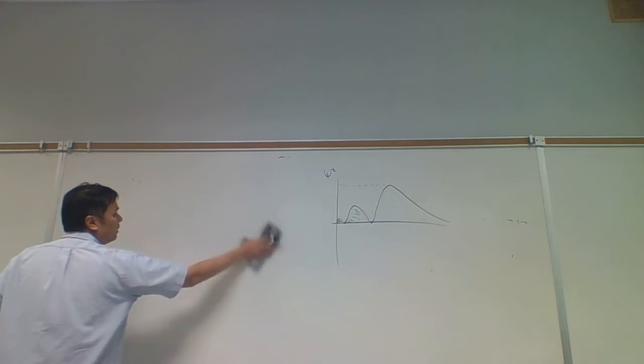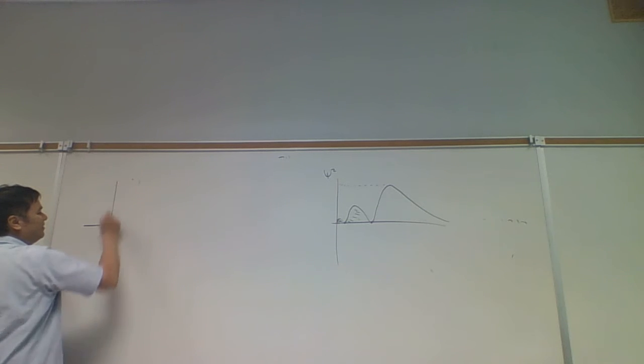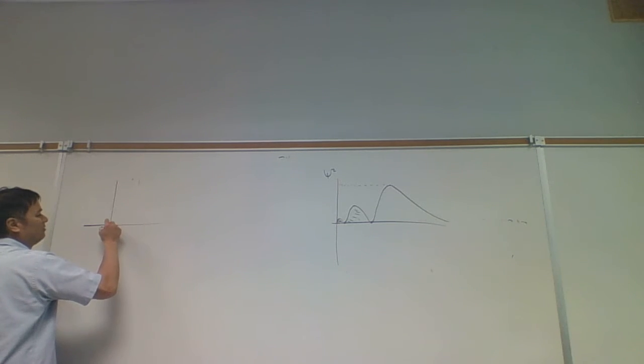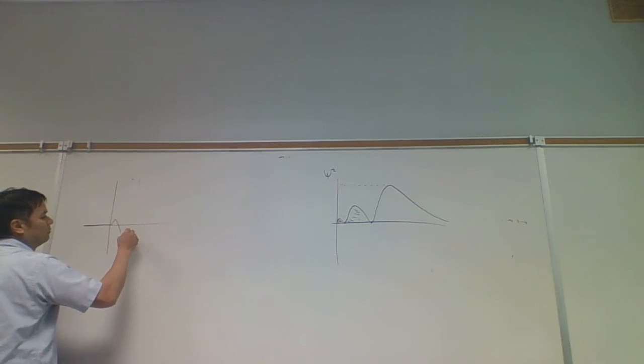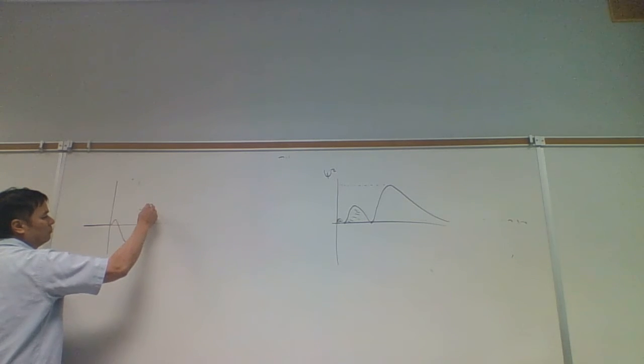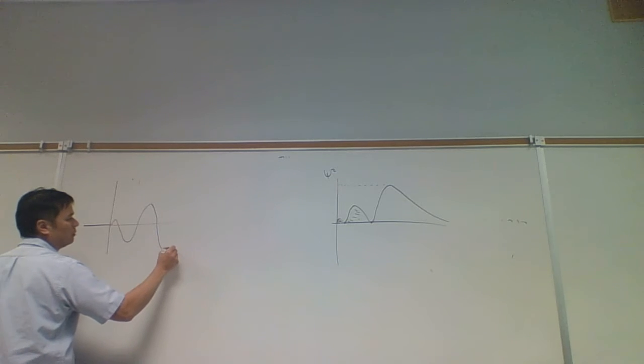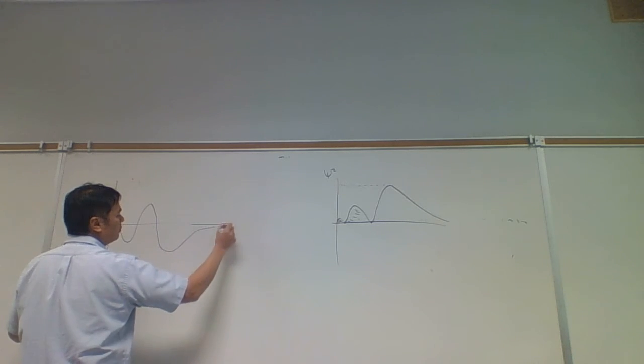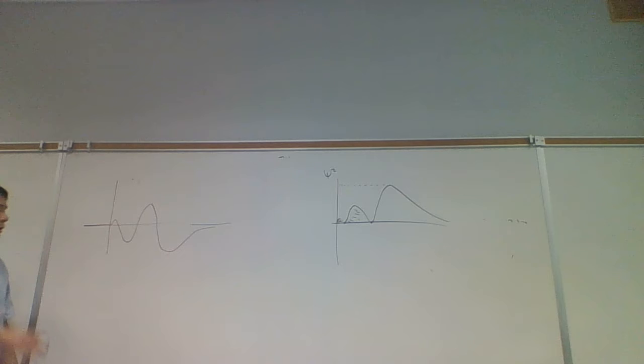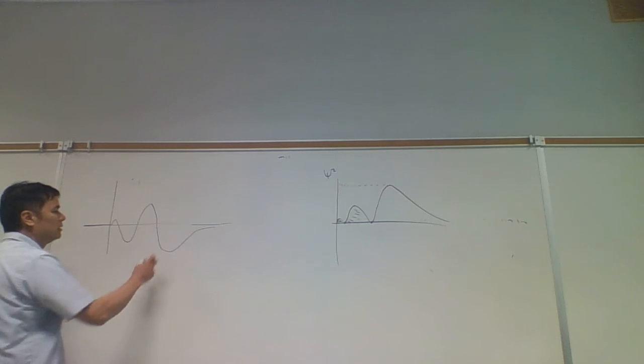And so what would the 4S look like? If you look at the psi, you could flip it the other way as well, but this one's going to end in a red.